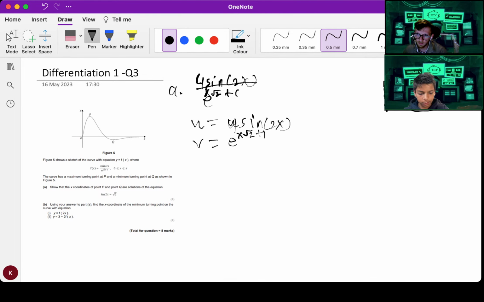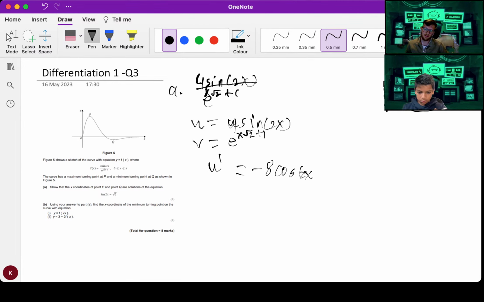Then we have to find the derivatives of u and v. So du/dx, we'll call it u dash, is 4 cos of 2x times 2, so 8 cos 2x.